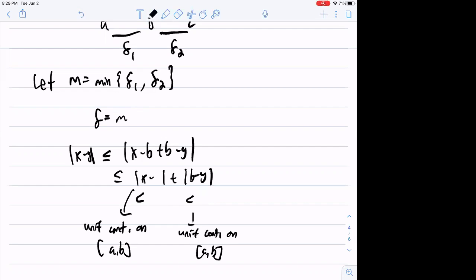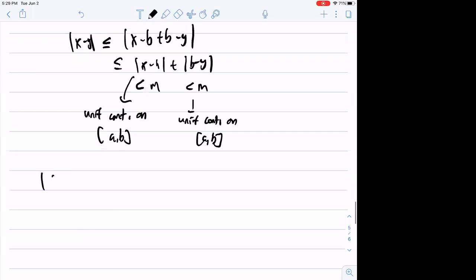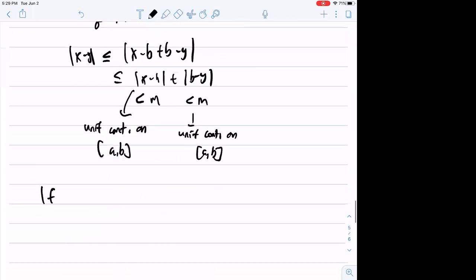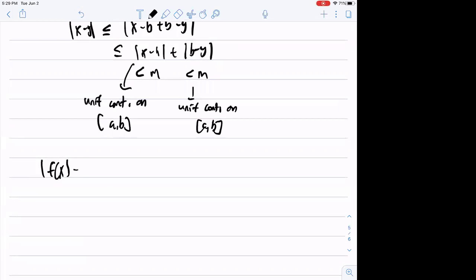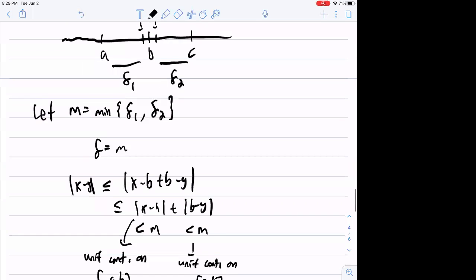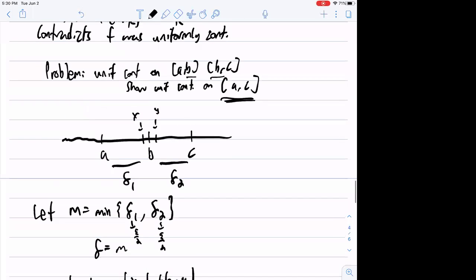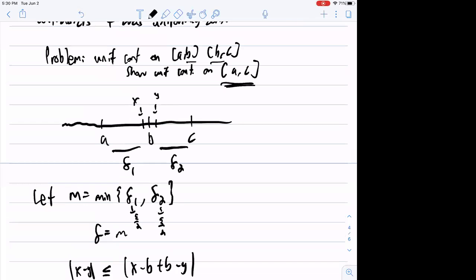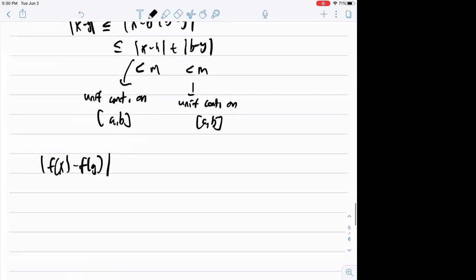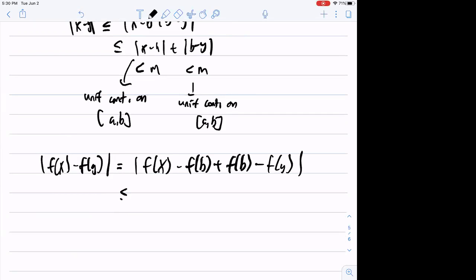Okay, great. So what I want to say is, we want to somehow bound this, right? So choose this thing for epsilon over 2, and this thing for epsilon over 2. So basically, there exists a delta 1 that holds for epsilon over 2 and epsilon over 2. So then when you do this, you do f of x minus f of b plus f of b minus f of y, right?